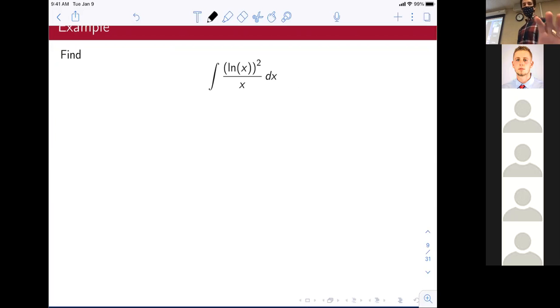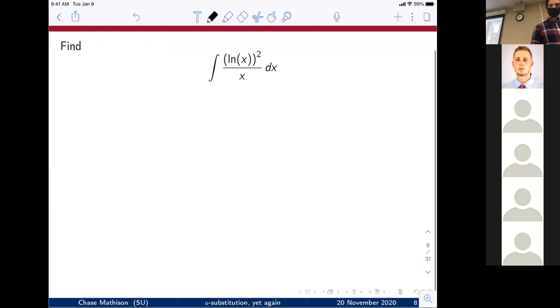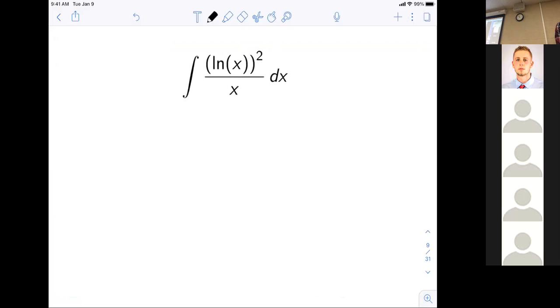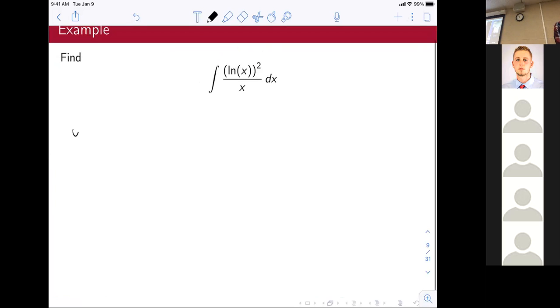Well, if I'm looking at the integral of some composition, then what would be the inside function here? Well, if it's just x, you never really want to make the u substitution u equals x because that's not really going to change anything.